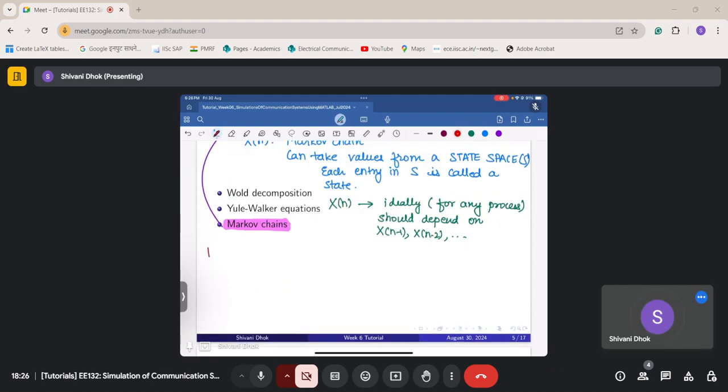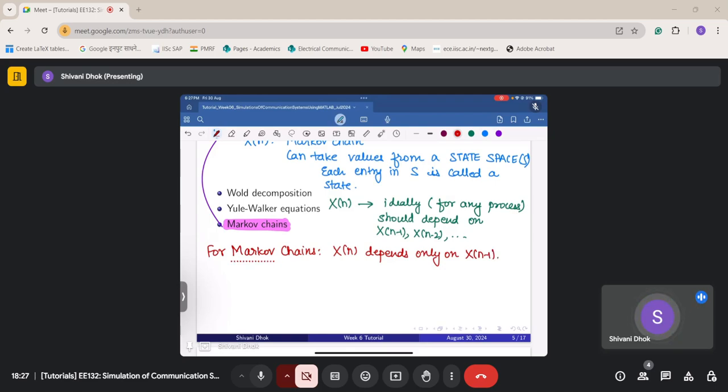But for Markov chains, X of n depends only on X of n minus 1.